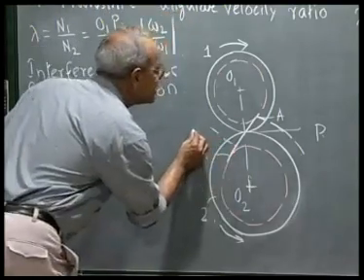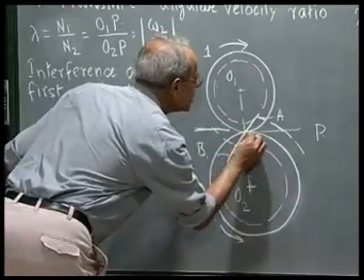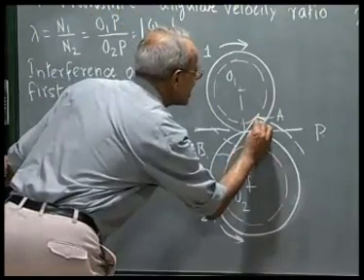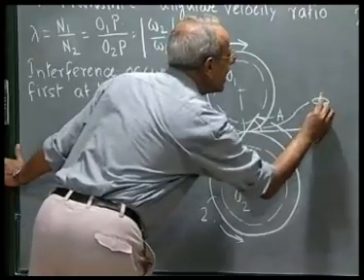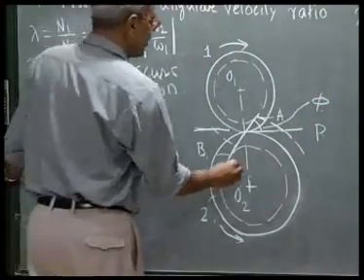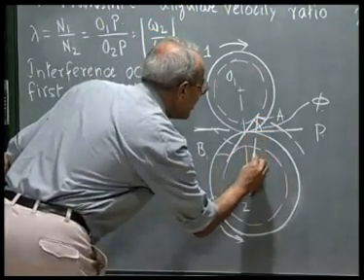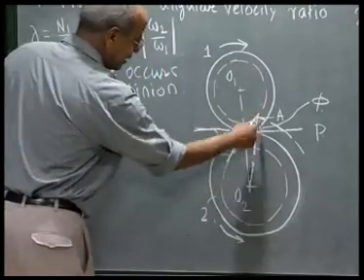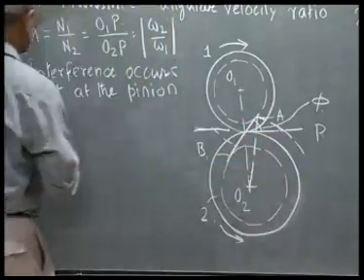And this common tangent to the pitch circles, this is the point P, and this angle is the operating pressure angle phi. Now, this distance O2A is nothing but the radius of the addendum circle of gear 2.